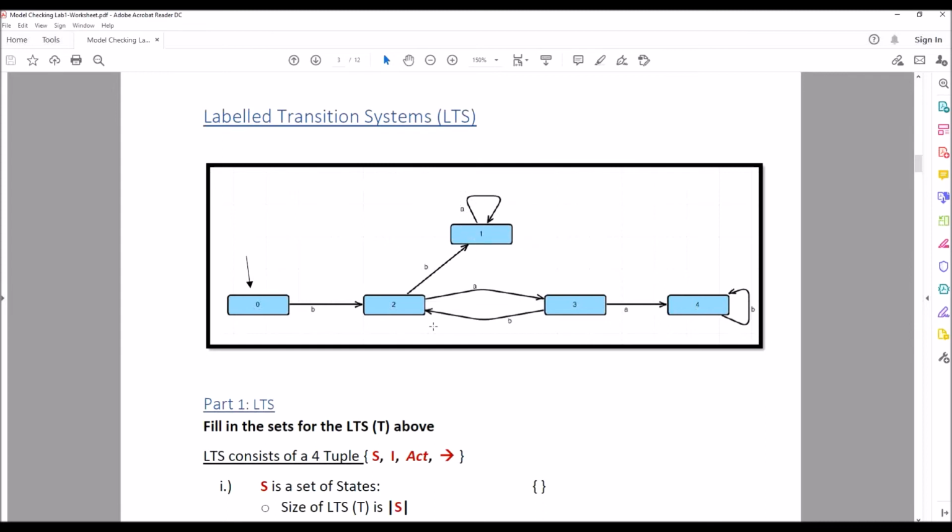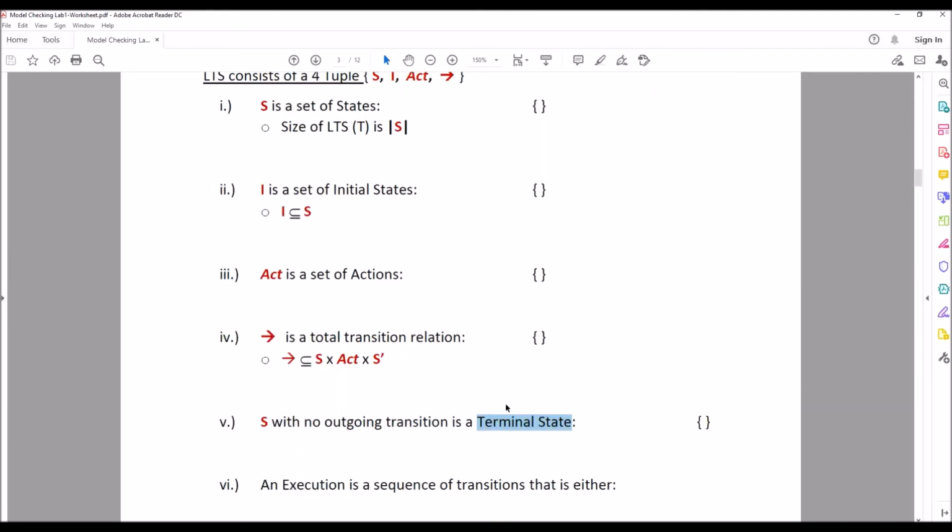Similarly, if we're in state 2, take A, go to 3, take action A, go to 4. Now if we take action B in state 4, we transition back to state 4, and we can continually keep in this loop. We don't actually have any terminating state, because a terminating state has no outgoing transition.